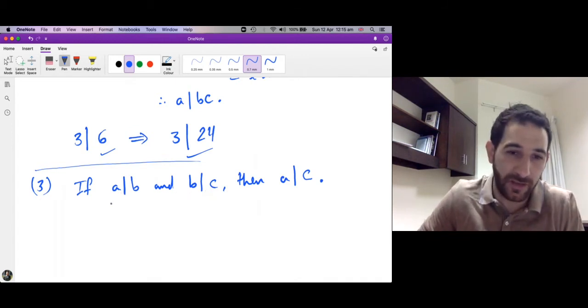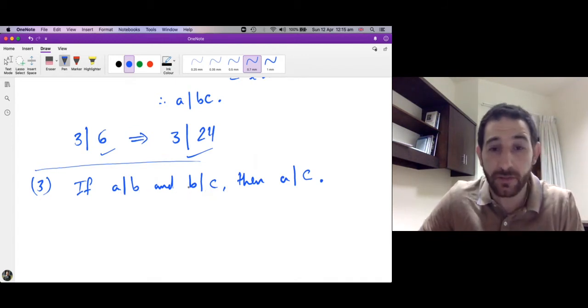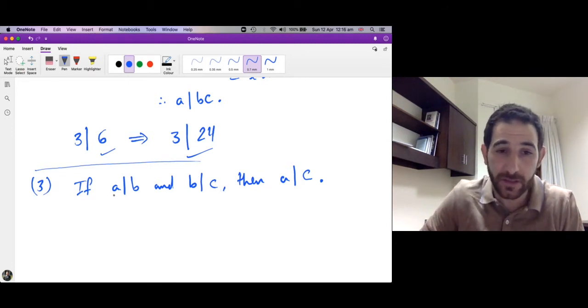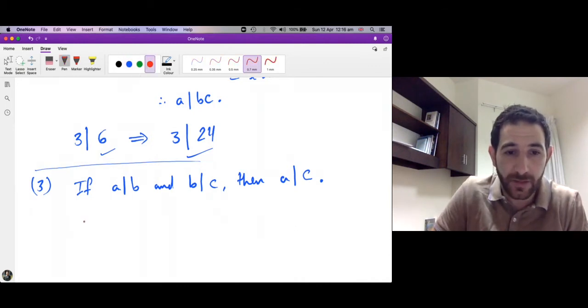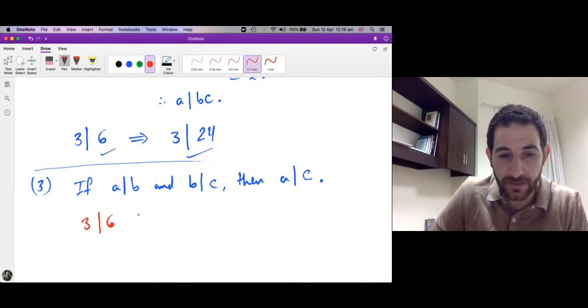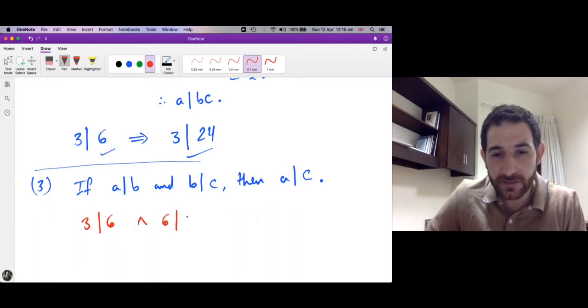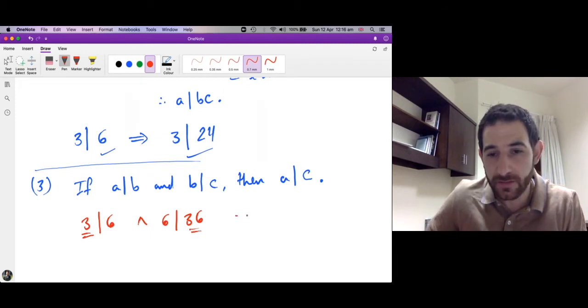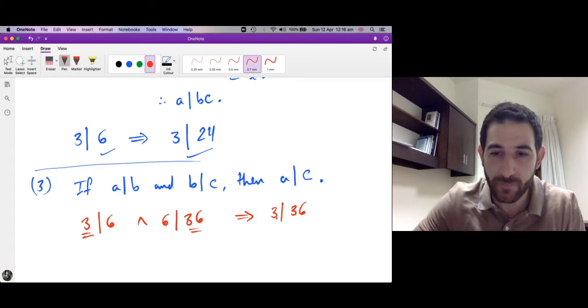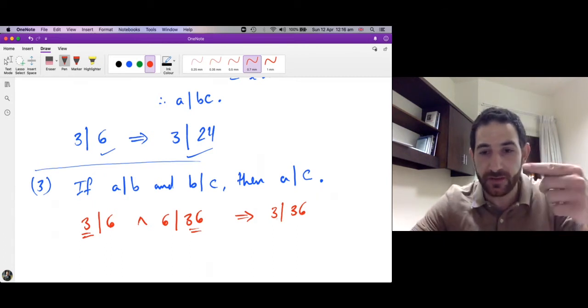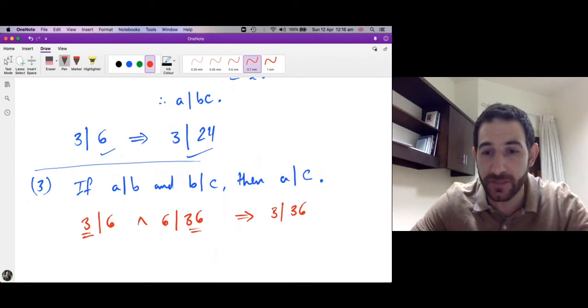If A divides an integer and this integer divides a third integer, then the first integer A divides the third integer C. For example, 3 divides 6, right? And 6 divides 36. Then the first should divide the third. And check that 3 divides 36 is true because 36 is equal to 12 times 3, because we can reach 36 by taking steps of length 3, 12 steps.